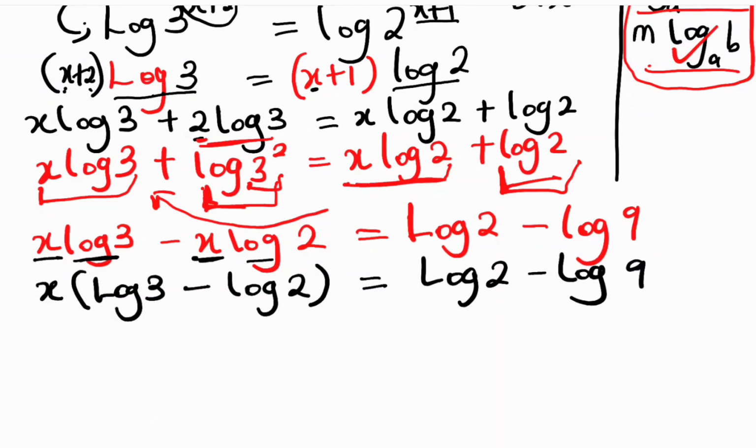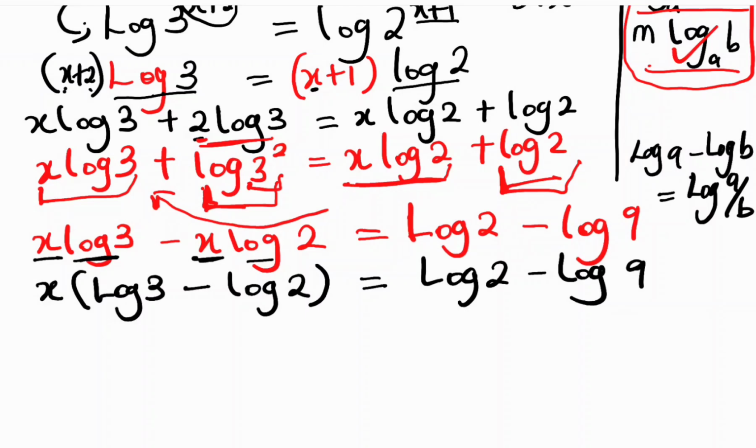Okay, next thing we should have in our mind is another theory of logarithm. It says that whenever we are subtracting, let's say we have log a minus log b, this is the same thing as log of a over b. Whenever we are subtracting logarithms in common base, we simply divide their numbers.